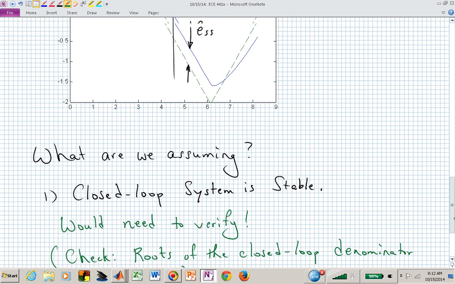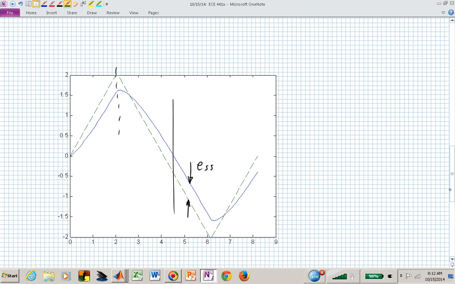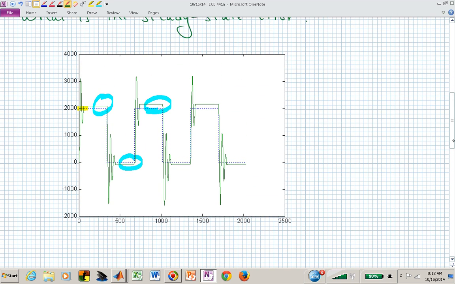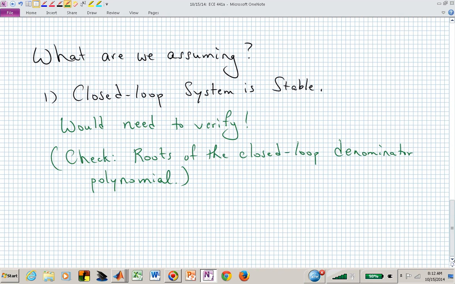What else did you assume in thinking about or finding these steady state errors? What had to sort of be finished? The transient. We had to wait for the transient. So that was another assumption that we were making. We are going to say the transients are gone.